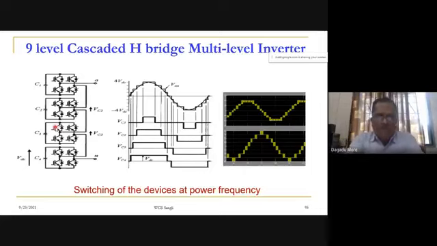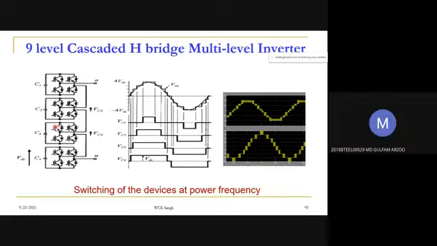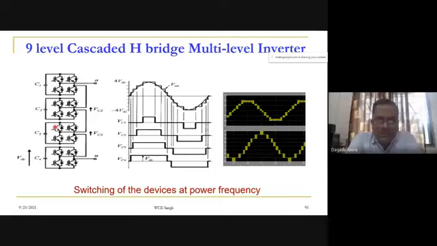So what is the benefit of low switching frequency? What will be the benefit when we operate the inverter at low switching frequency? Less switching losses. Normally in a device, two losses are the major losses.